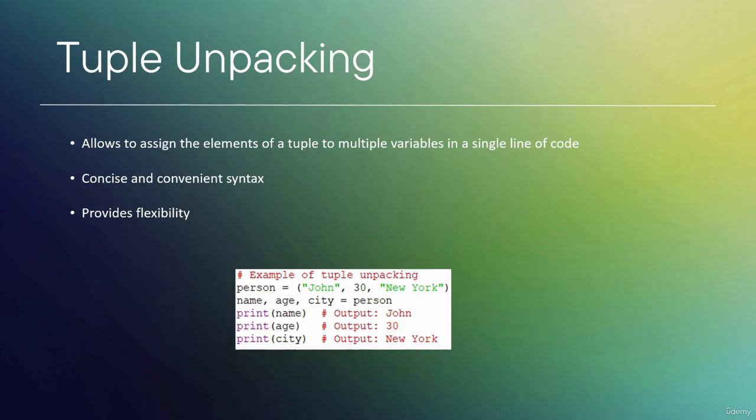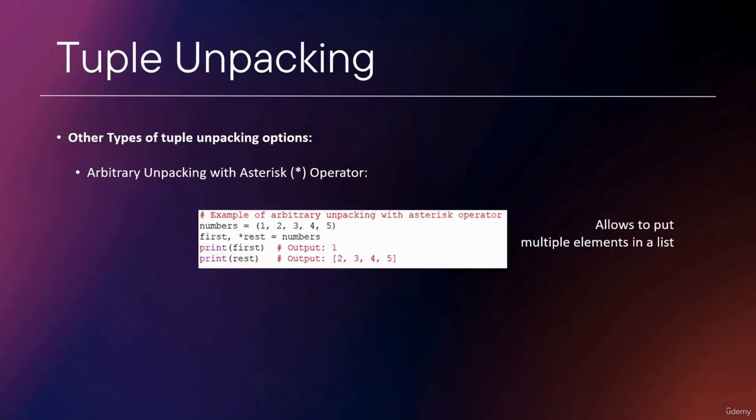Similarly, there are some other options for that too. For example, if we only want to print out some number of variables, like only the first two or first three, or let's say only the first variable in this case, we can use an asterisk operator with the second variable.